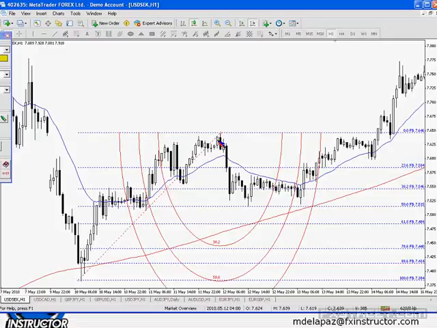Oh man, here's a problem. Oops. Let me just adjust the settings of Fib Arcs first.